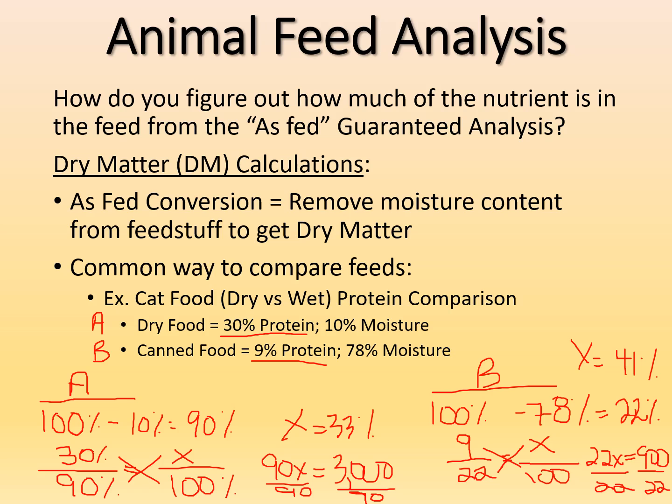But you can't compare those numbers because it's a percent of the diet. So you have to take moisture into account. You have to convert the moisture from the as fed value into the dry matter basis. Okay, so hopefully that makes sense.